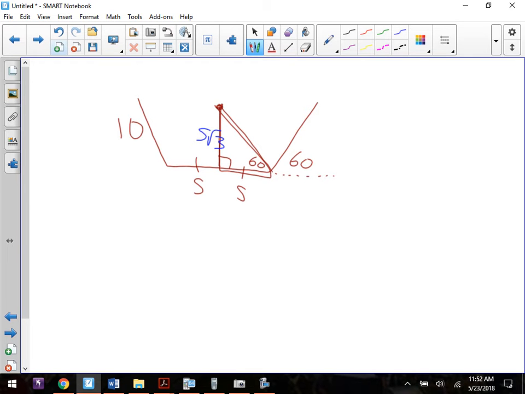Or if you use trig, you'd use the tangent of 60 is something over 5, and you're going to get the same result. Totally up to you. Remember, special right triangles will only work in the hexagon, because it's the only one that gives you a 30, 60, 90. That one, and I believe the dodecagon works, and the octagon gives you a 45 degree angle.